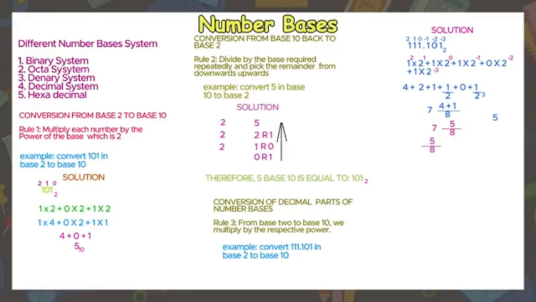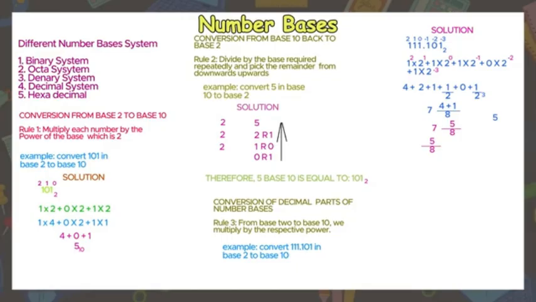We can change 5 over 8 to a decimal fraction. How many times will 8 go in 5? It cannot go in 5. You write 0 point. Bring 0 down to the 5. It will give us 50. 8 in 50, that is 6 times. 8 multiplied by 6 is 48. It will leave a remainder of 2.